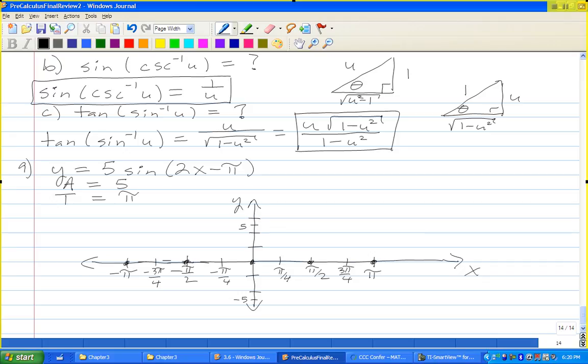So at pi over 4, that's going to be 2 pi over 4, 3 pi over 2. That's pi over 2. And so that'll be 5.